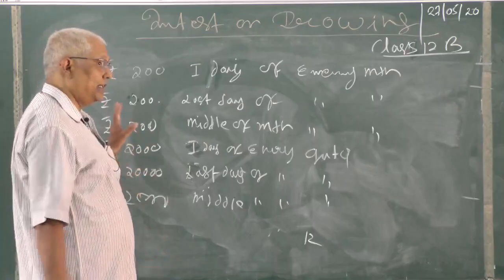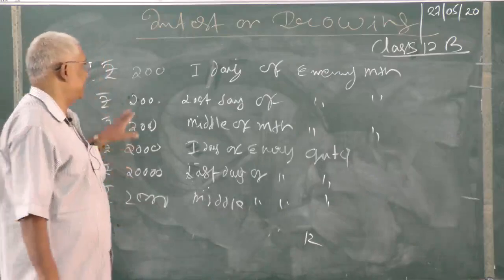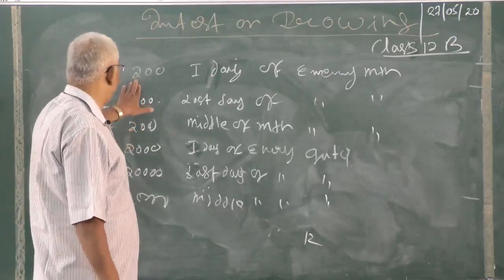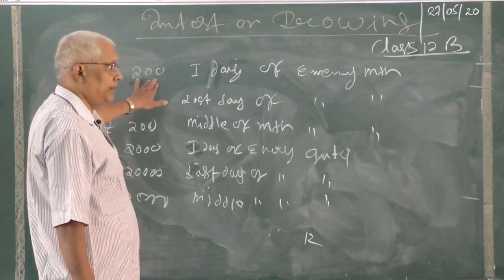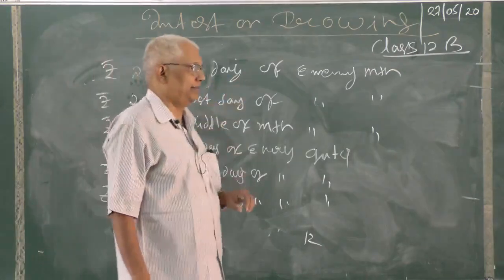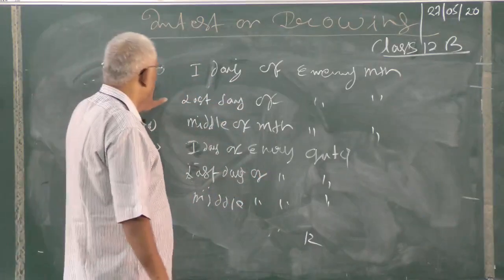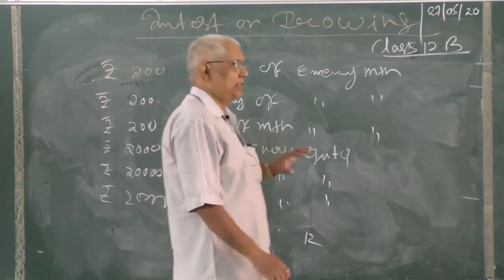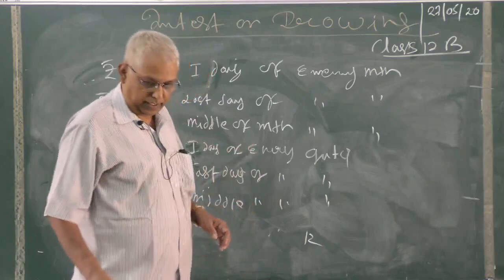Not only that, but one more thing: A has withdrawn rupees 200 every month for the whole year, but A may have withdrawn rupees 200 from the 1st of March every month. Then different rules will be applicable.